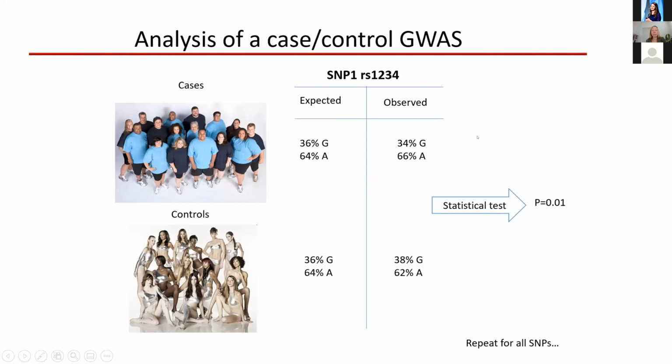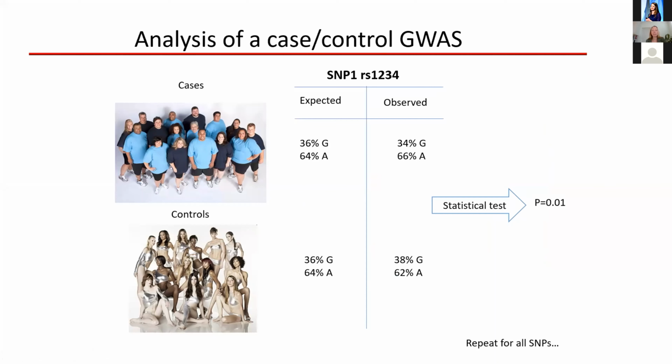But we observe in the cases that there are fewer with the G allele and more with the A allele. On the contrary, in the controls, it's the other way around, and the G allele is increased and the A allele is decreased. So we do a statistical test and say that this difference is significant.